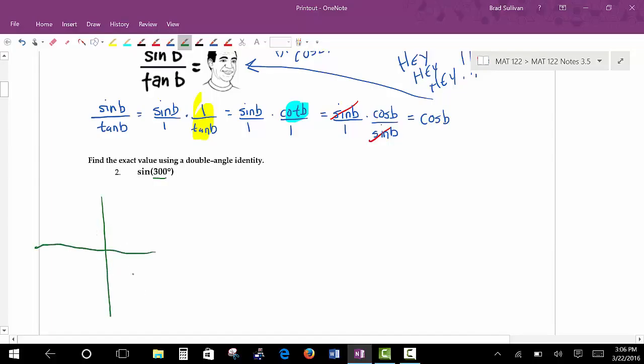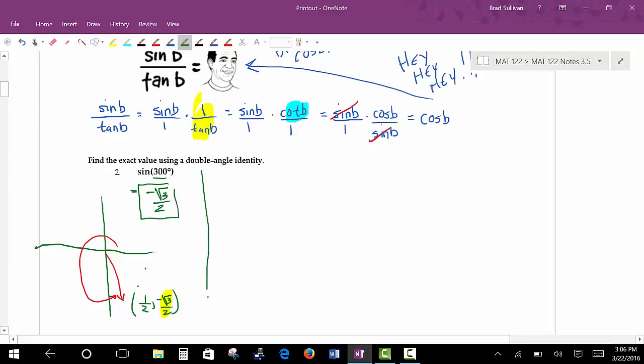You know that you're in quadrant 4, and a 300 degree angle is counterclockwise, goes up to this point, and that point on the unit circle has an x value of 1/2 and a y value of negative square root of 3 over 2. And of course the sine is the y value, so that means the sine of 300 degrees would be equal to negative square root of 3 over 2.